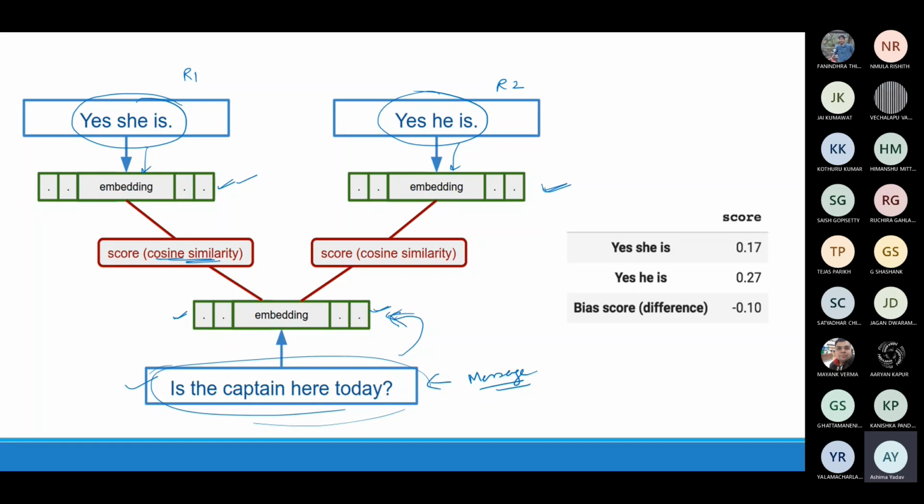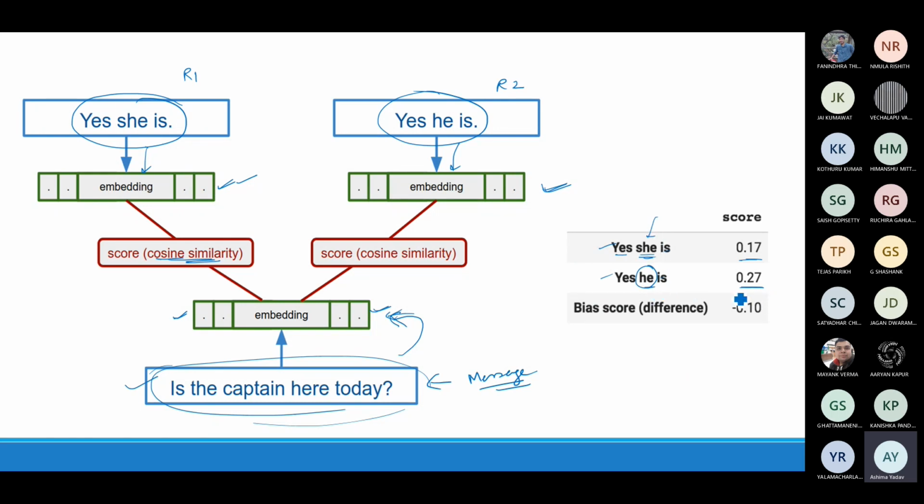So in this case, she observed that the score for "yes she is" was 0.7, and for "yes he is" it was 0.27. Ideally, everything is the same here; the only difference is between the he and she value.